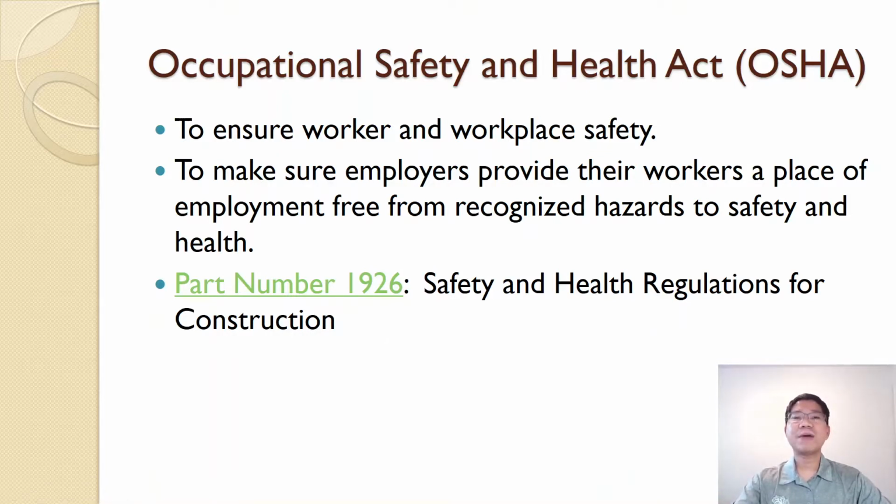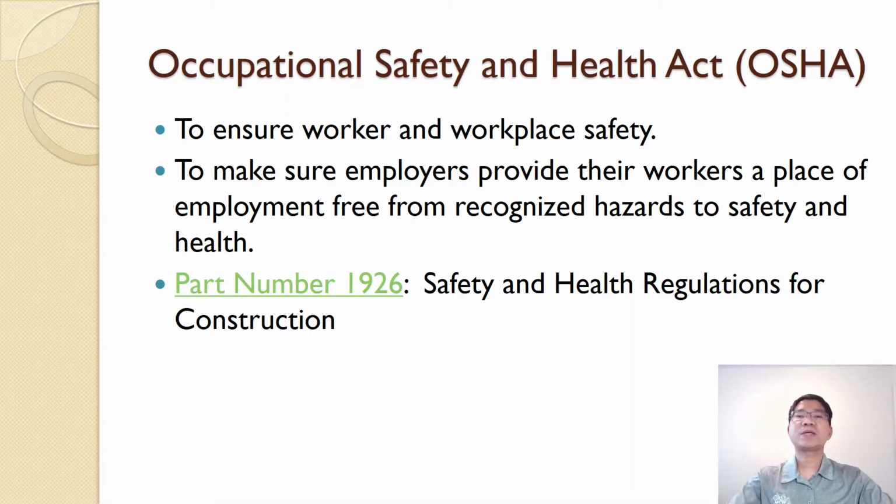So what is that about for OSHA? To ensure worker and workplace safety, to make sure that the employer provides their workers a place of employment free from recognized hazards to safety and health. So you see COVID, under OSHA, the employer has to provide some protections when the worker works for them.